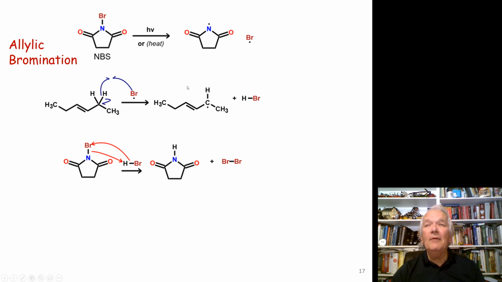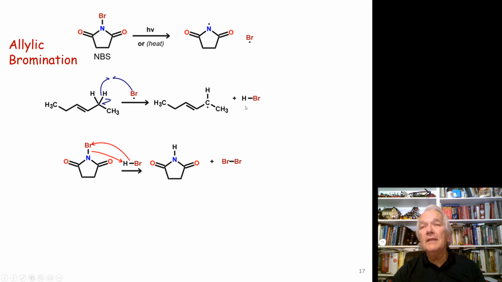We're going to take this HBr molecule over here, and that HBr molecule is going to react with the NBS. And what happens is the nitrogen gets protonated, and the Br minus attacks the Br as a Br plus, and it makes bromine. That's really weird. NBS plus HBr makes bromine, but we didn't put any HBr into the reaction.